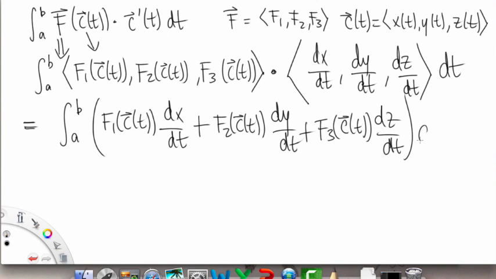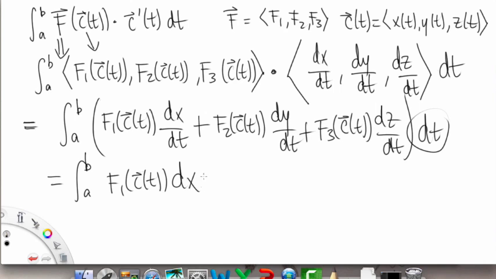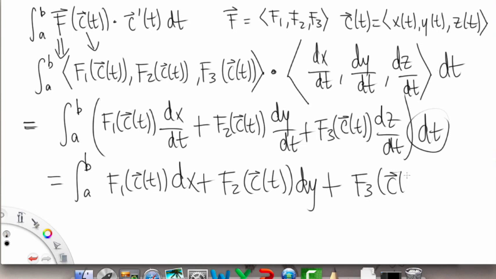Then we have our dt sitting out here. Technically, we can cancel the dt with the denominators in each term. So finally, what we get is the integral from a to b of F1 of c of t times dx, plus F2 of c of t times dy, plus F3 of c of t times dz.